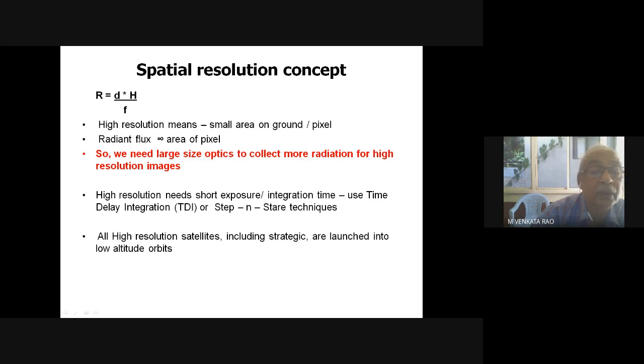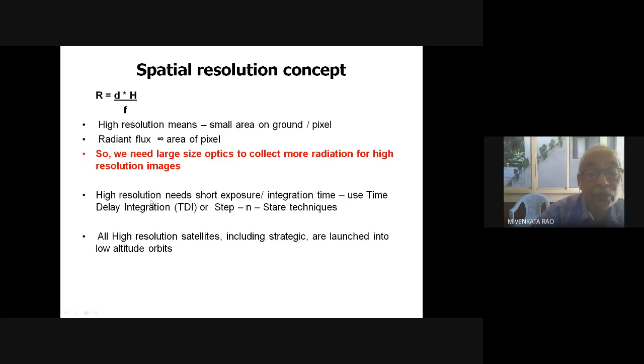Radiant flux is proportional to the area of the pixel. So we need large size optics to collect more radiation for high resolution images. That is the reason you have to put in bigger optics, mirrors, etc. Naturally, with the size of the optics, the focal length also increases. That's why you get a higher focal length.